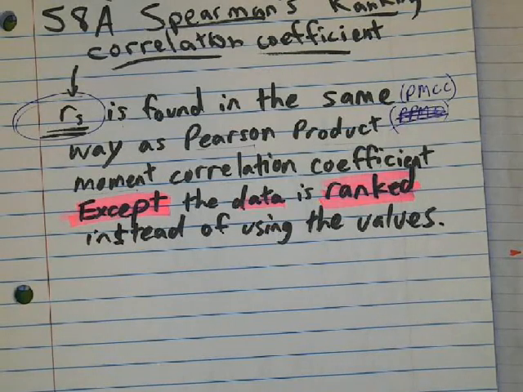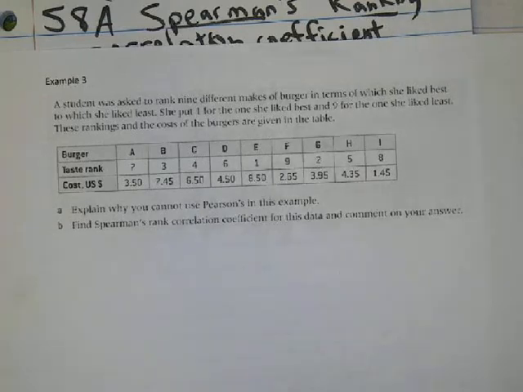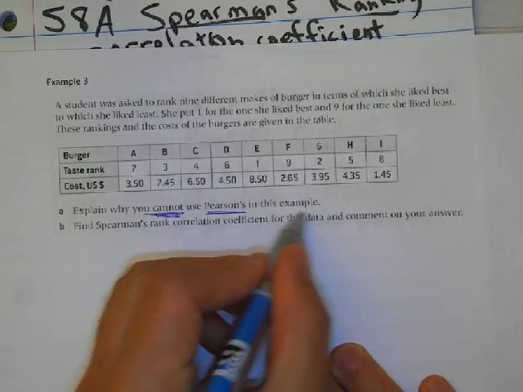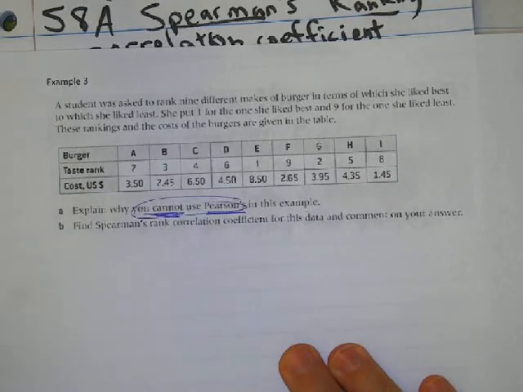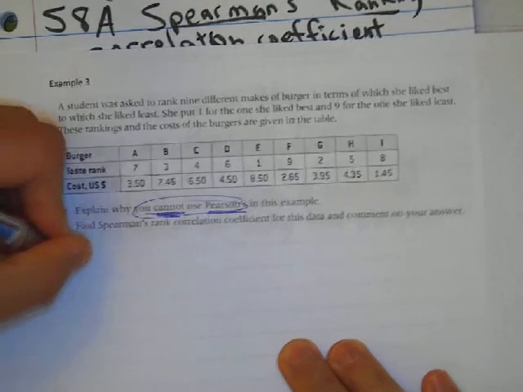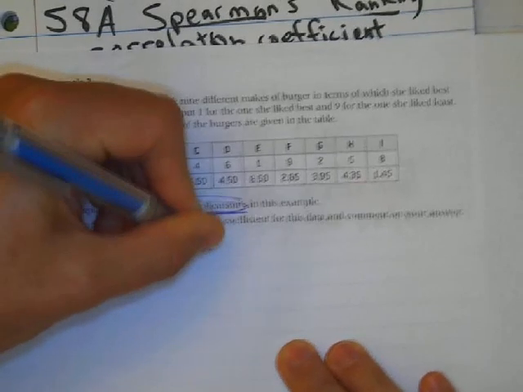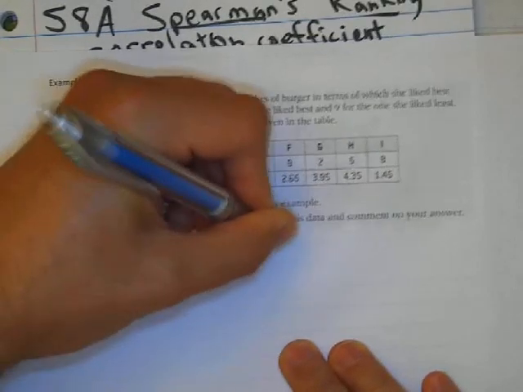Okay, let's do the last example that's in the notes. Why can't I do the Pearson correlation coefficient? Because the data is already ranked.